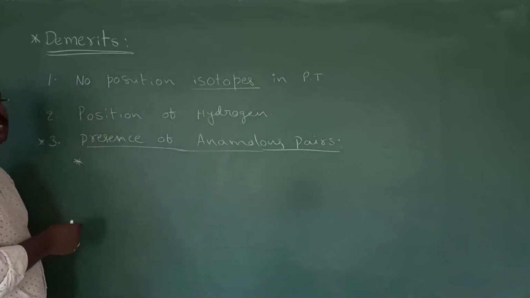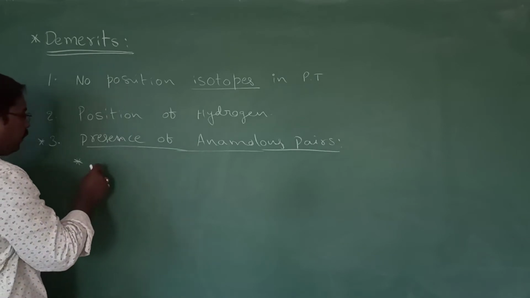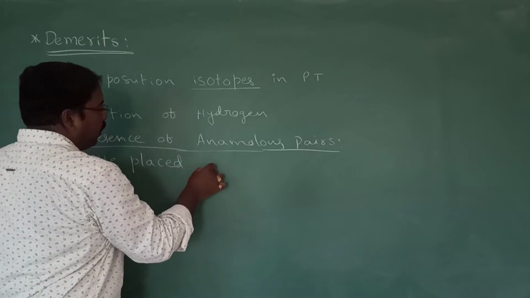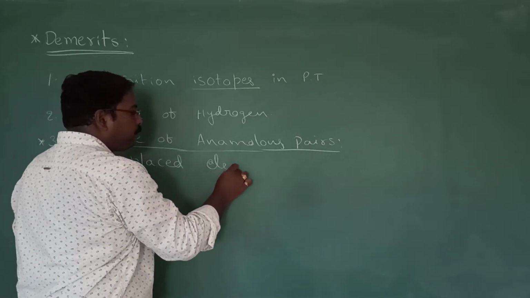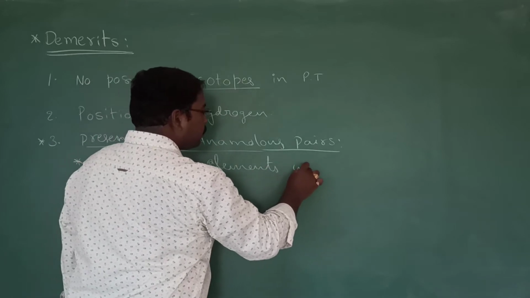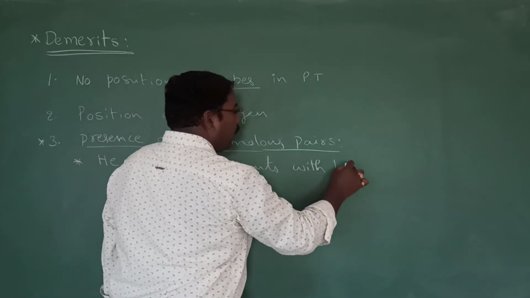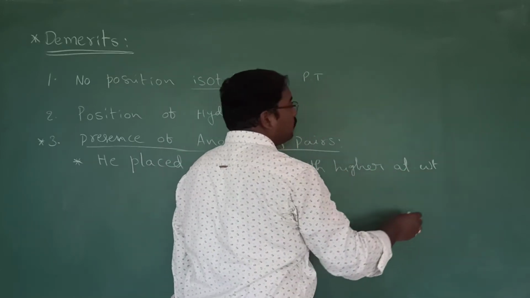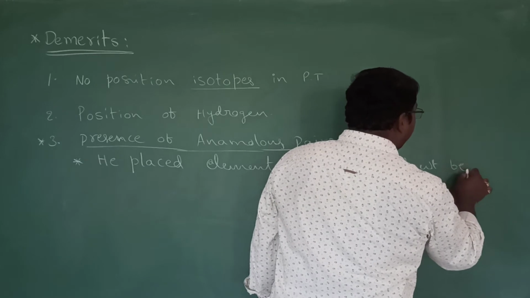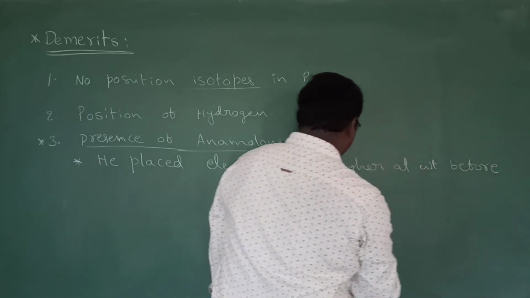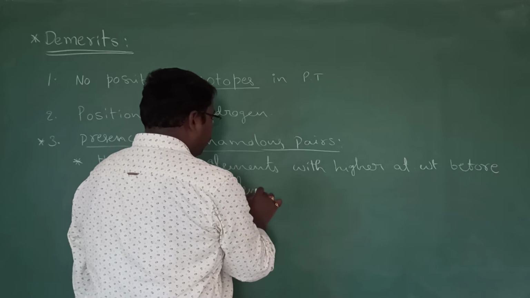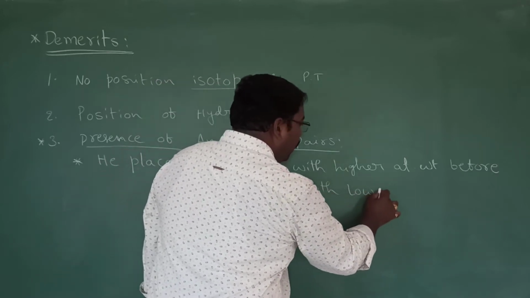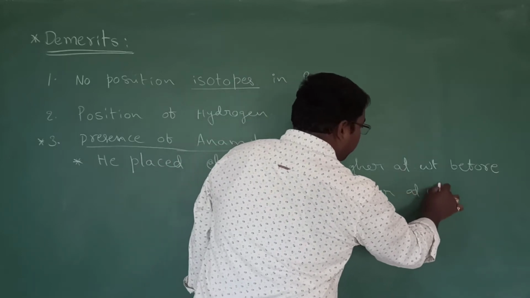Why were such anomalous pairs of elements observed? He placed elements with higher atomic weight before elements with lower atomic weight.